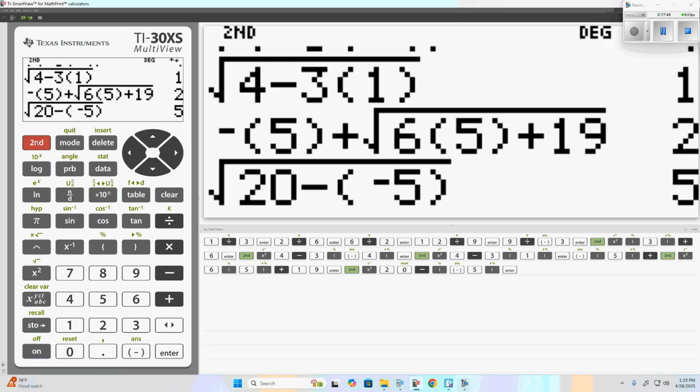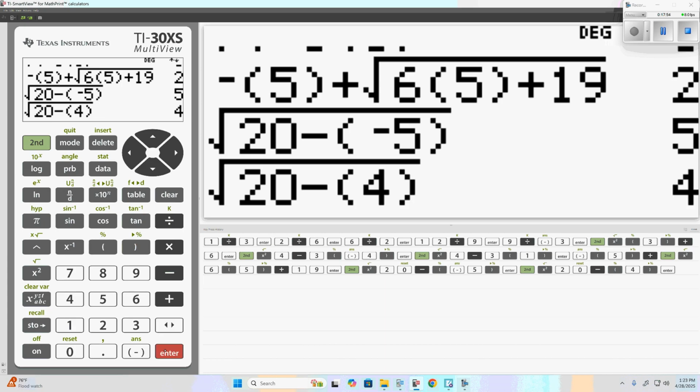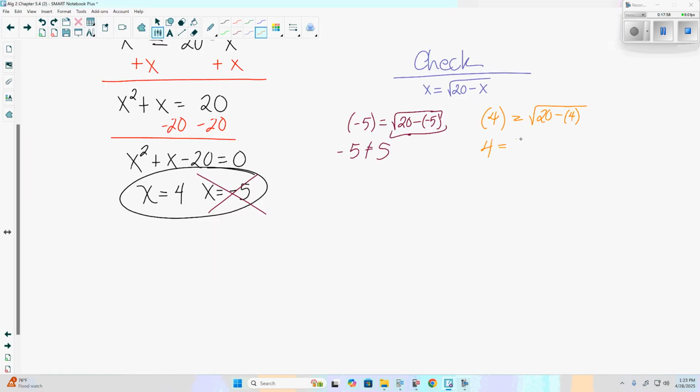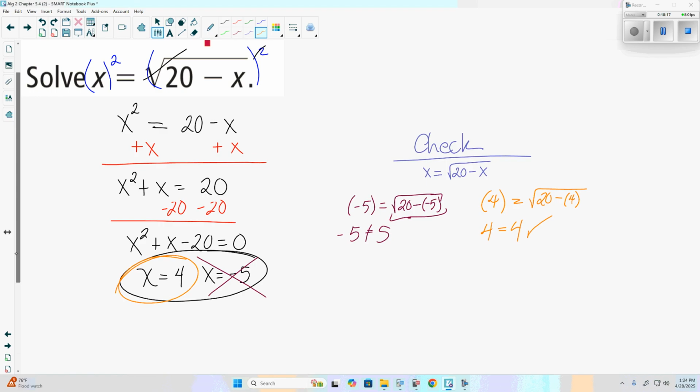We can say second square root of 20 minus 4 is 4. 4 equals 4 is indeed a true statement, a true solution. So x equals 4 is our final answer. Questions on these here? We're ready for the next one.